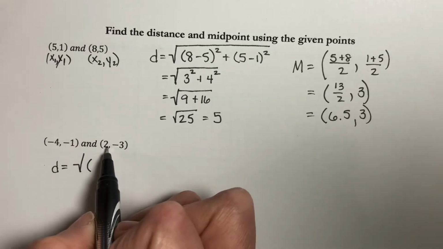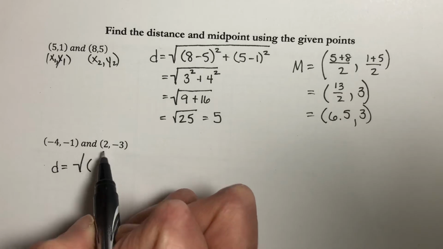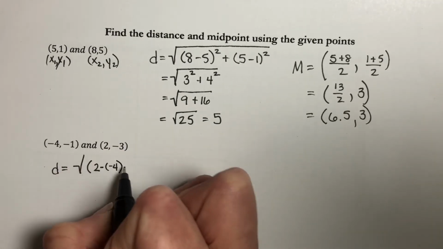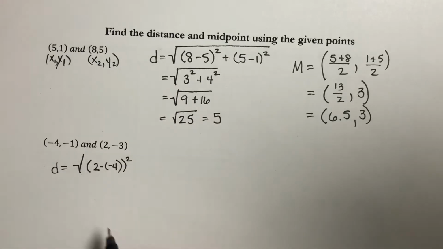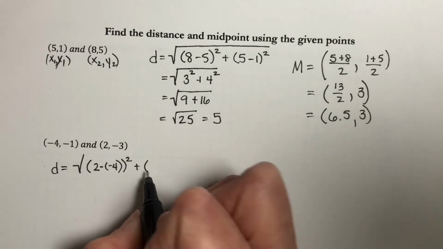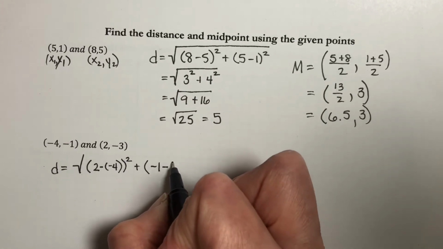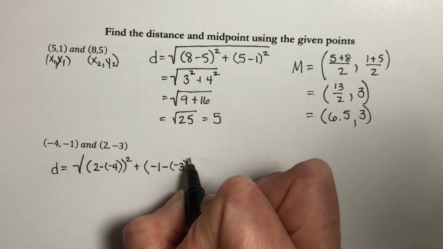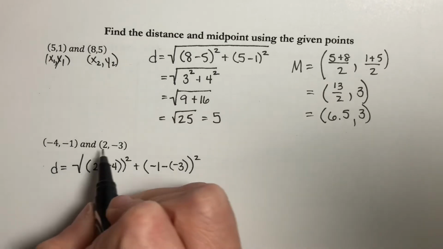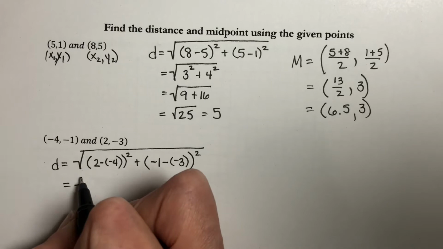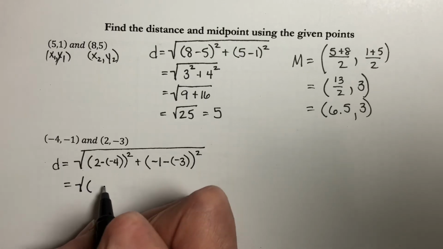Since I have a negative here and a negative and positive here, I'll do 2 minus a negative 4 and then square that, plus subtract your y's, let's do negative 1 minus a negative 3 and square that.